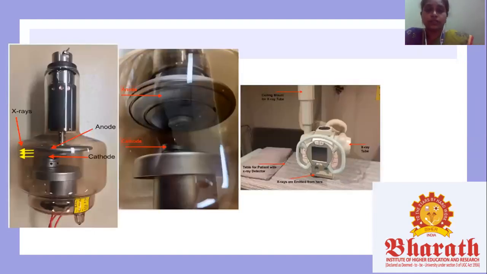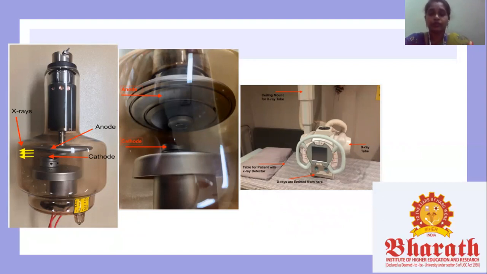As you can see here, I have given a close-up of the X-ray tube, with the anode and the cathode to your left. In between them, the X-rays are being produced. In the middle, you can see an even clearer image of the anode and the cathode.